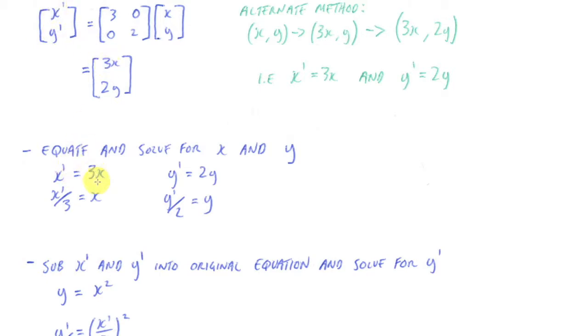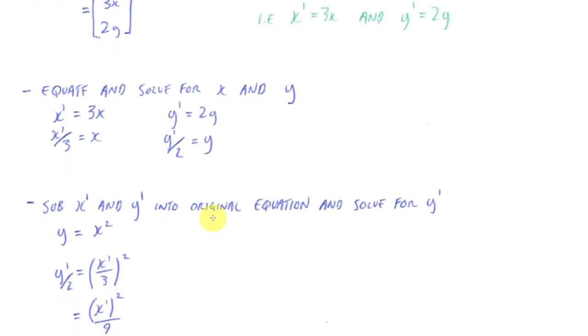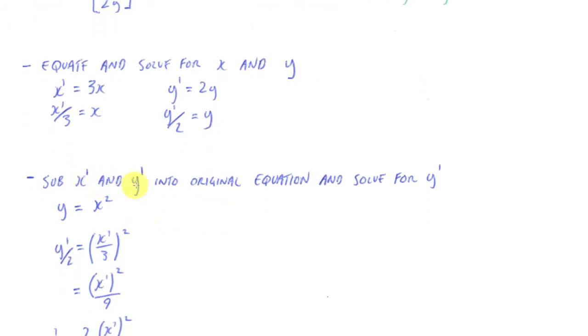Now solving for x, I'm going to get x, the original, is going to equal the new one divided by 3. Y prime equals 2y. So solving for y, I get y prime on 2. Now I'm going to sub x prime and y prime into the original equation and solve for y prime.